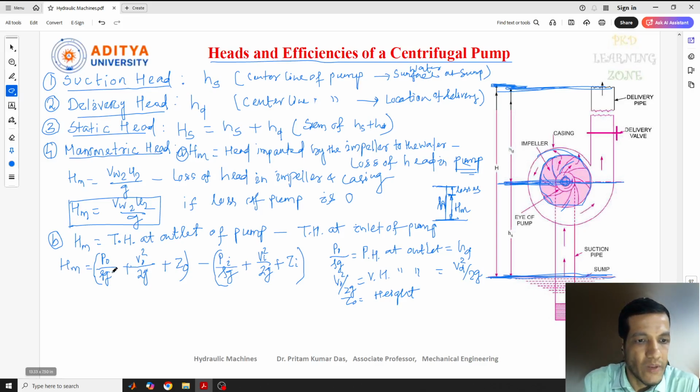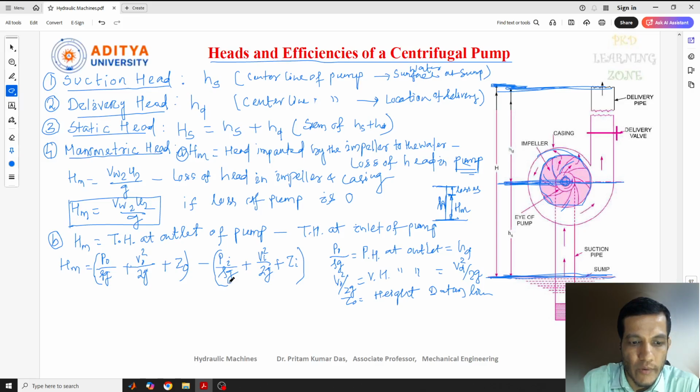So similarly, the inlet condition will be Pi by rho g and Vi square by 2g, the corresponding values for pressure head and velocity head and datum head, the height from the datum line. Now, these things we can also write in terms of the suction part, because this is the delivery part and this part will be the suction part.